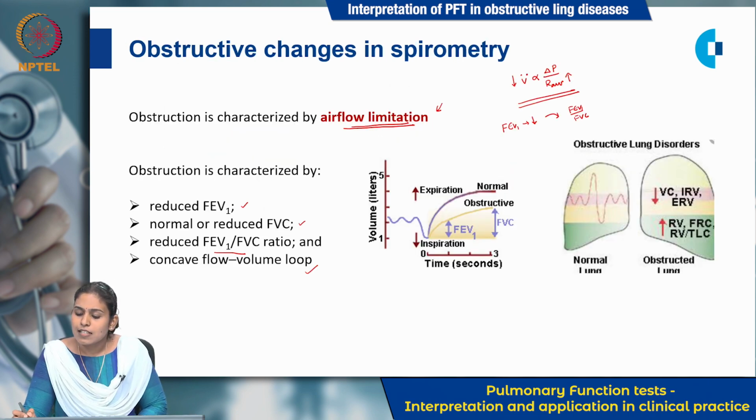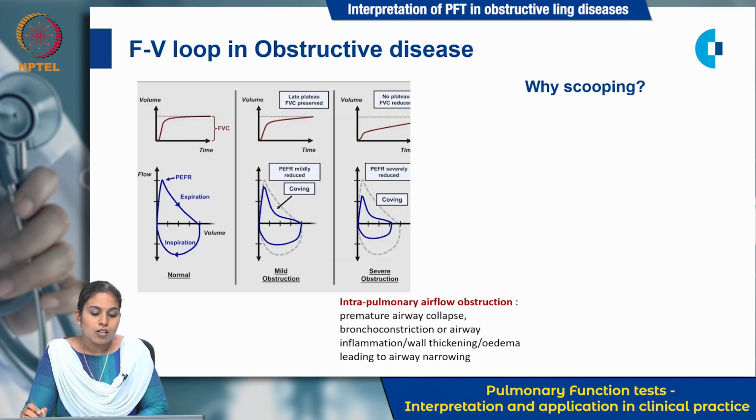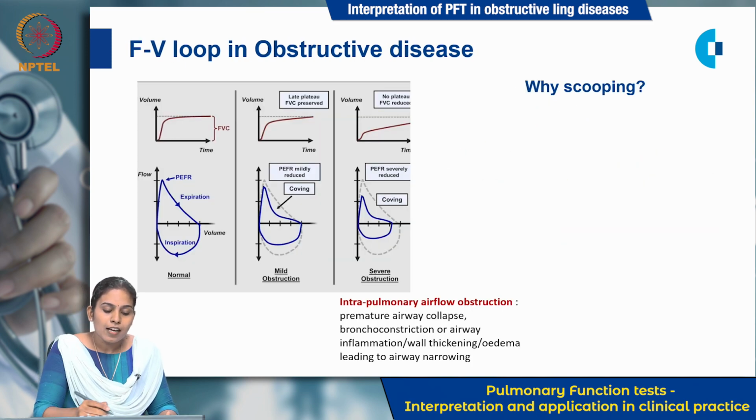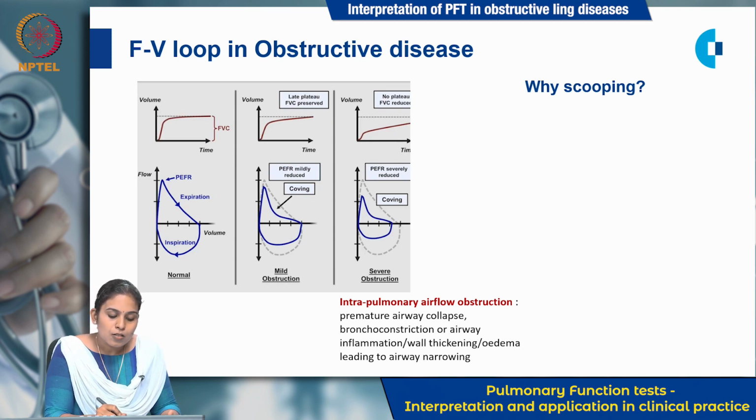Also, one more thing: in case of emphysema, the residual volume may be increased, and because the residual volume is increased, your functional residual capacity is also increased. Okay, now I'm coming to this concave flow loop. In obstructive diseases, there is a term called coving.